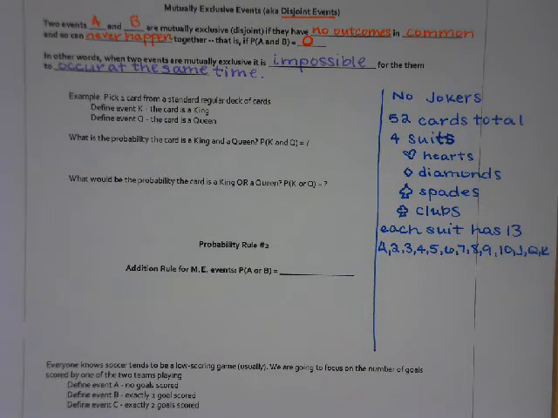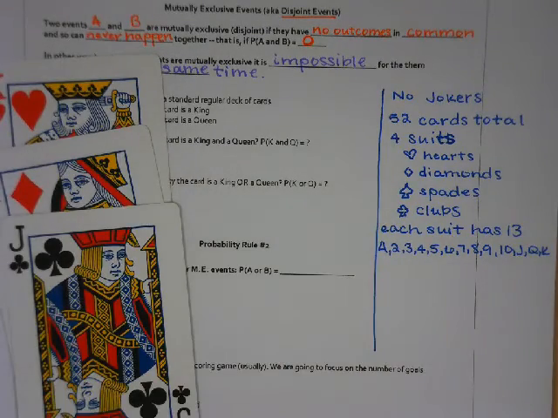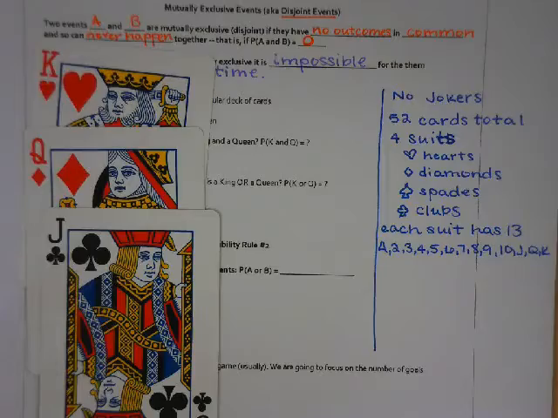Jack, queen, and king are what are known as face cards because they have faces. Now, if you're playing with some fancy Harry Potter deck, they might not put faces on them, but here we have a king, a queen, and a jack, and they all have faces.